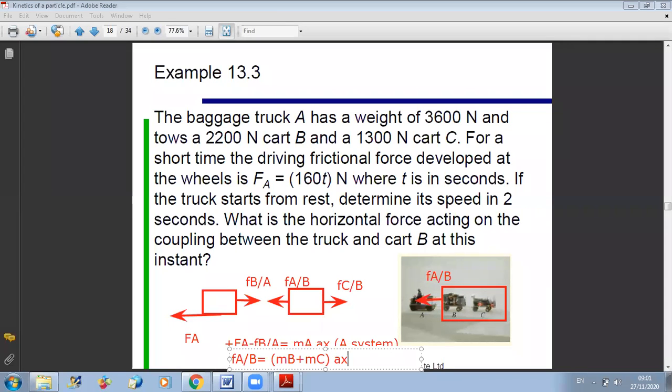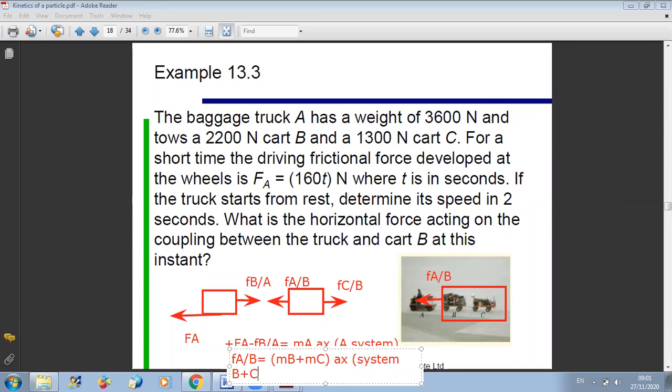They have the same acceleration because they are moving as one body. If you try both, you will get the same result.